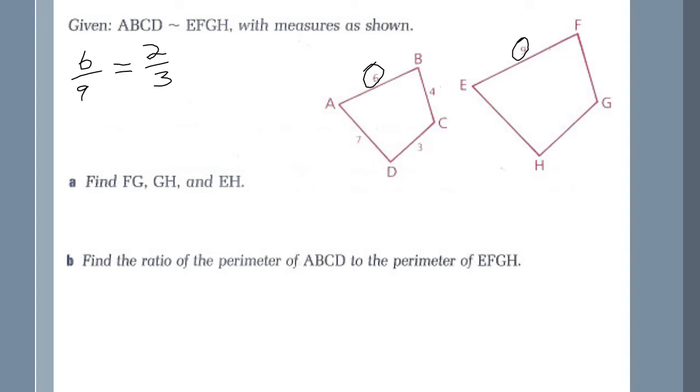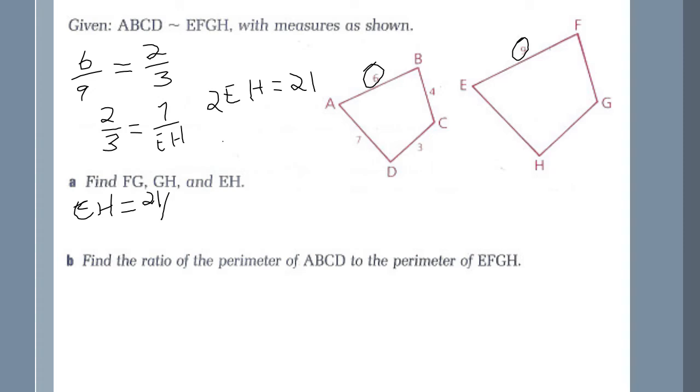AD is 7, so 2 over 3 equals 7 over EH. So 2EH equals 21, which turns into 21 halves. So EH is 21 halves, or 10 and a half.